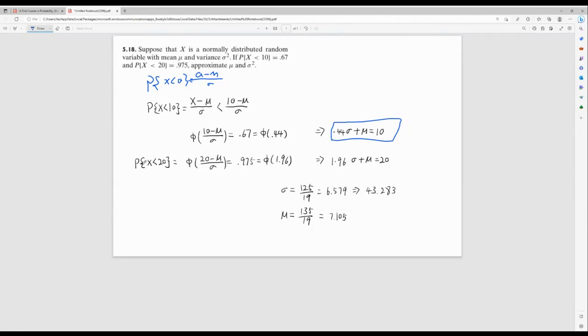Similarly, for the second part, when X is less than 20, we get phi of 20 minus mu over sigma equal to 1.96. We get the second equation, and we do some elimination. We get sigma equal to 125 over 19, mu equal to 135 over 19, and we're looking for sigma squared, so we square this term, and we get this final result.